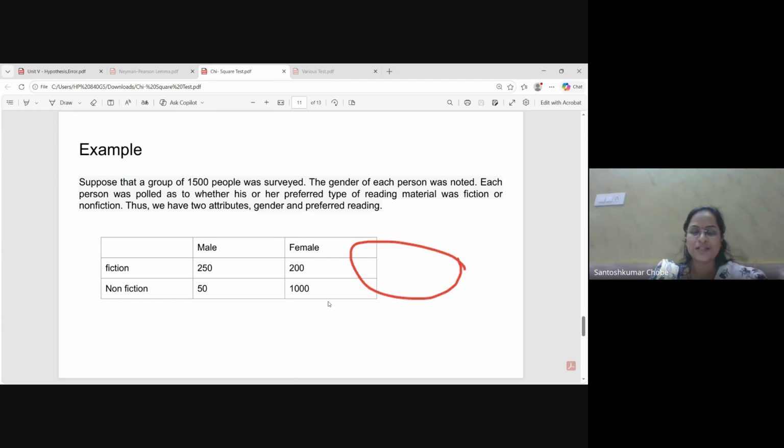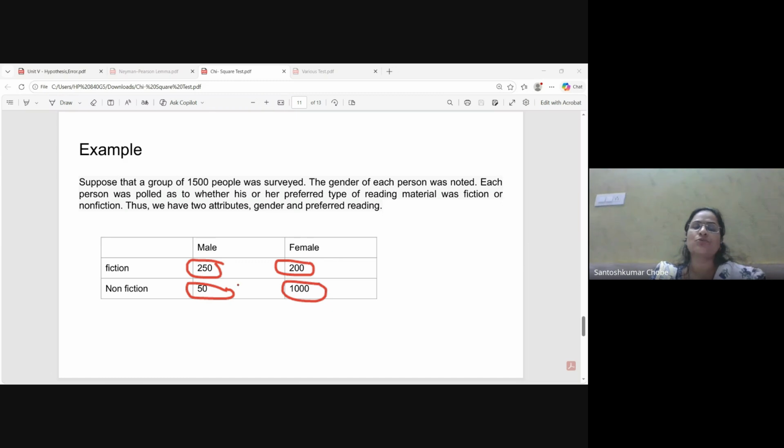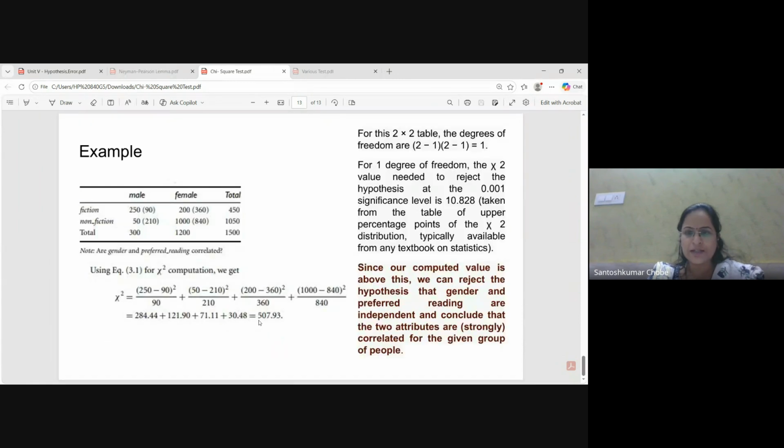And out of it, 250 males like to read fiction, 200 females like to read fiction, 50 males like to read non-fiction, and 1000 females like to read non-fiction, correct? So this was what we have seen in the class also. And I want you all to solve this example again. So we will go and check the solving steps for this example.